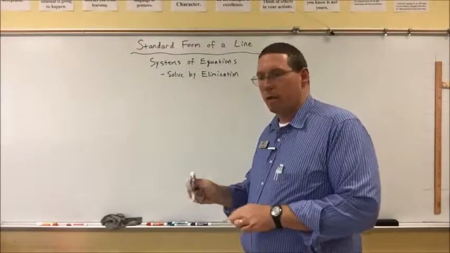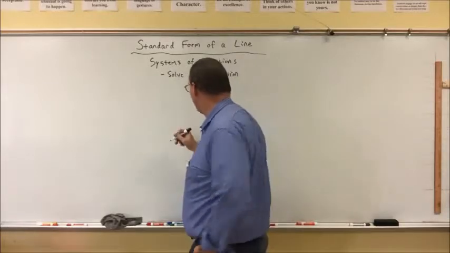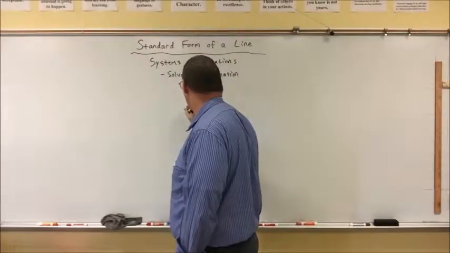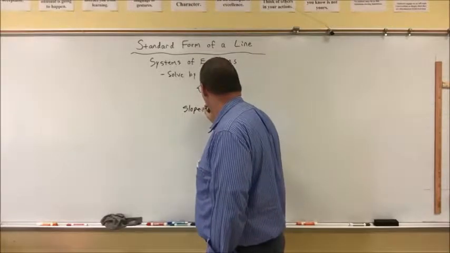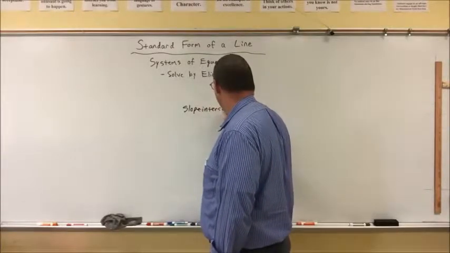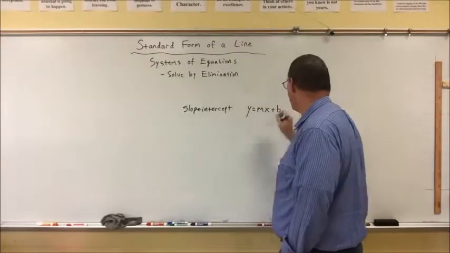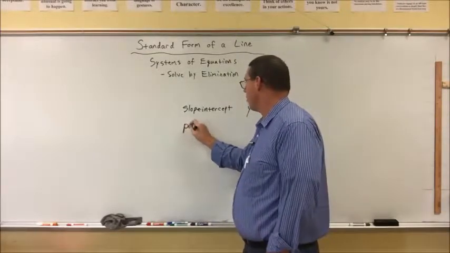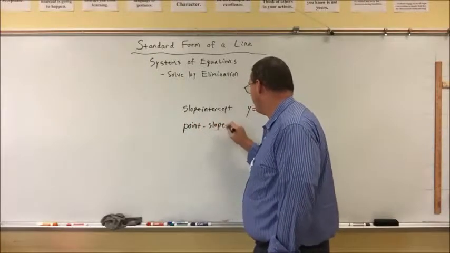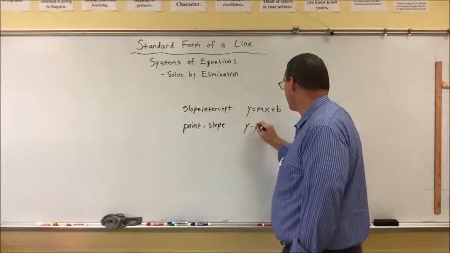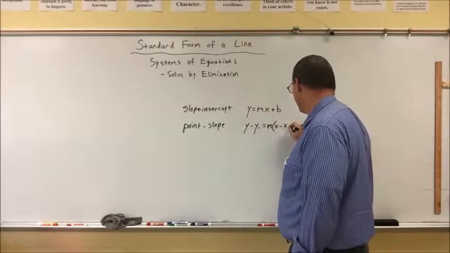Now, recently you probably learned or reviewed that two of the forms that you can write a line are called slope-intercept form, which is y equals mx plus b, and then there's my preferred form, point-slope form of a line, which is y minus y1 equals m times x minus x1.